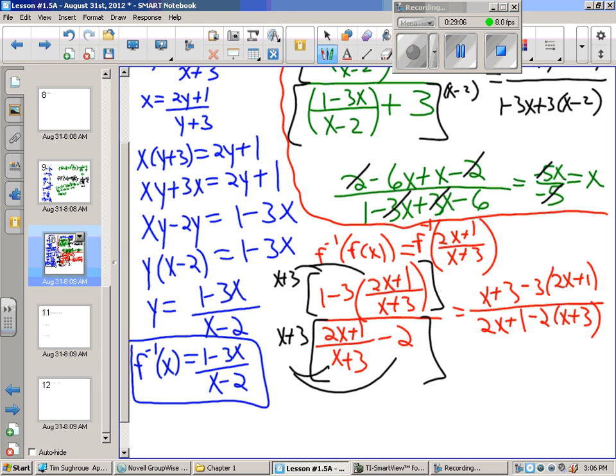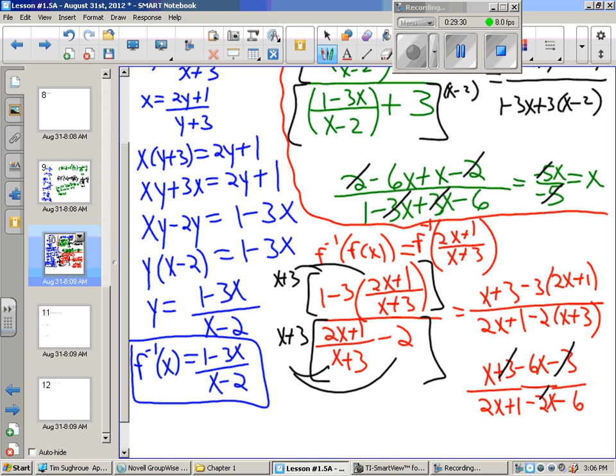Distribute, you get a minus 2 times x plus 3. So on top, we get x plus 3 minus 6x minus 3. Down here, we get a 2x plus 1 minus 4, or minus 2x minus 6. Again, look what happens. The 3's cancel.